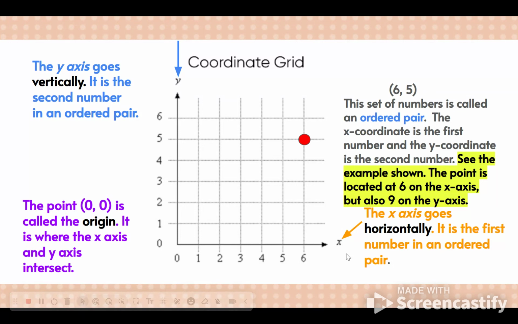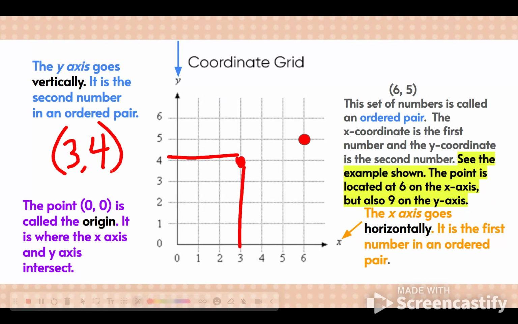I can give you another example. Let's see, I put the dot here. I'm looking where it is on the x. On the x, it is on 3. On the y, it is on 4. So my ordered pair would be 3, comma, 4. Yes?